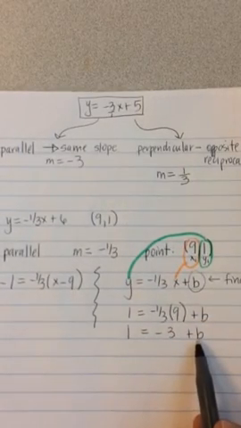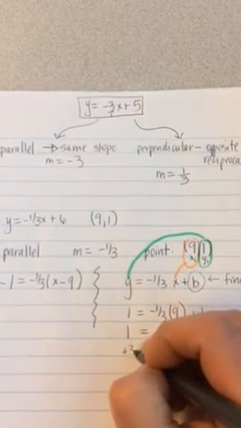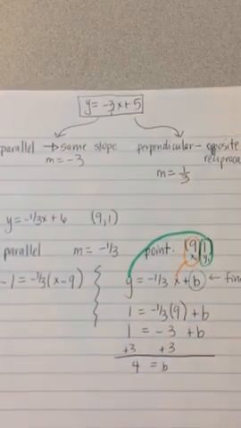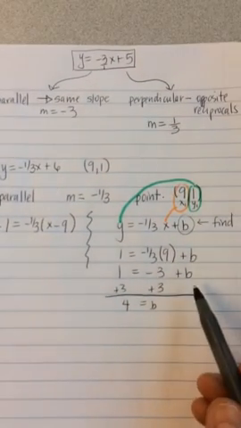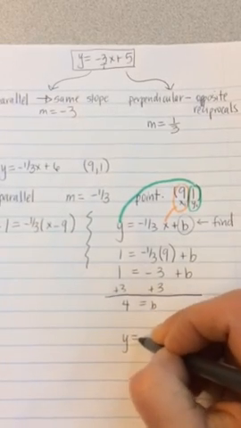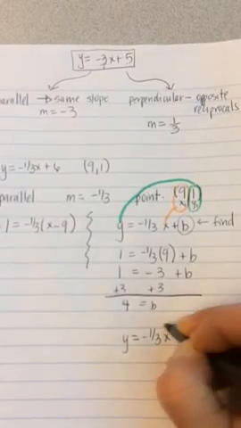So just by logic, I can tell that the b is going to have to be 4. I can find it officially by doing this. B equals 4. And now I've got to go ahead and write the full equation, which is y equals negative 1/3 x plus 4.